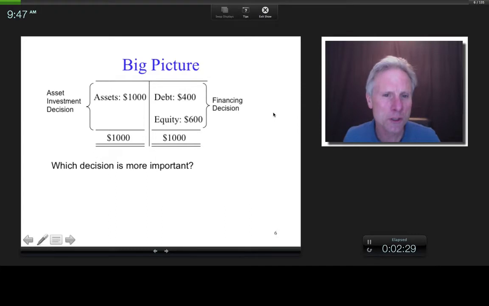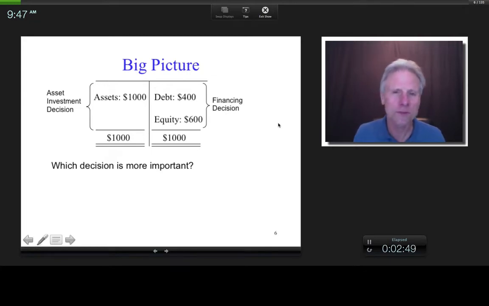Then, in the introduction, we talked about which decision is more important. Is it the asset investment decision or the financing decision? Well, what we argued is that the asset investment decision is more important. So, for example, if you look at why Apple stock has, in the long run, done really well, especially since Steve Jobs rejoined Apple, they totally reinvented how music was sold with iTunes, and that risk paid off.